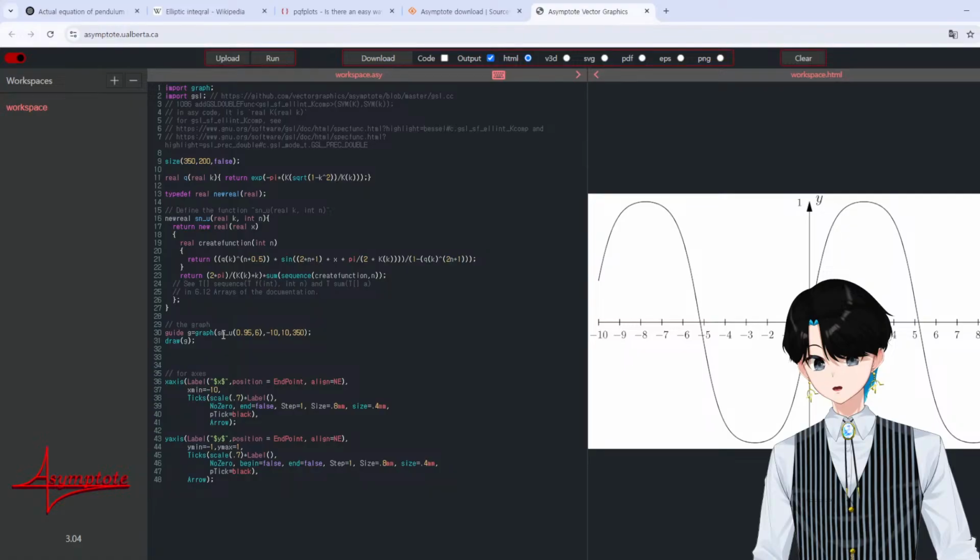Graph, sn, u. What is going on here? Okay, new real sn u, real k, int, what is int? Integral? Integer n. Per new real.